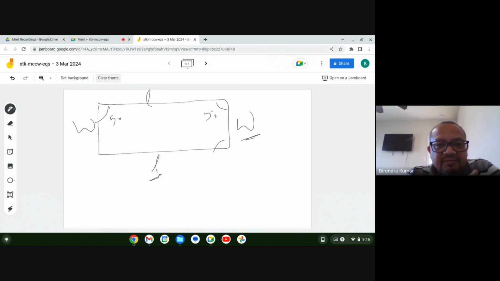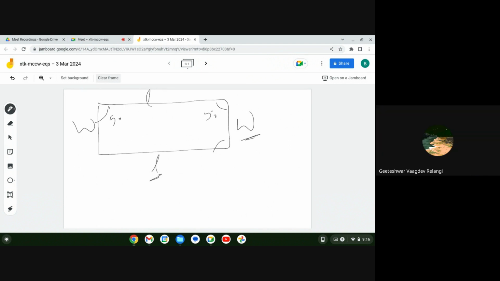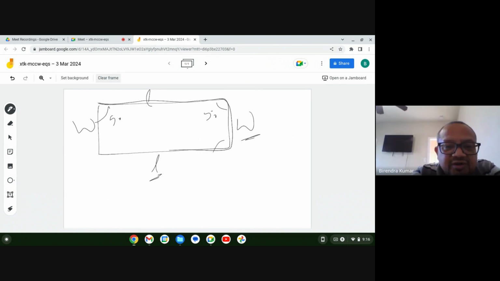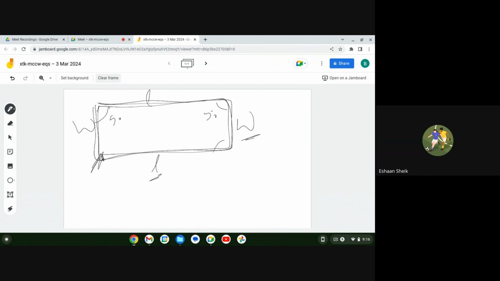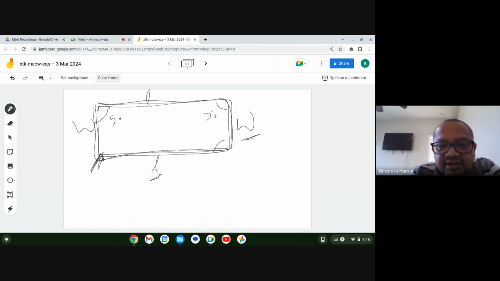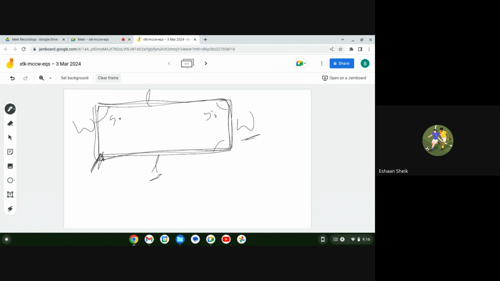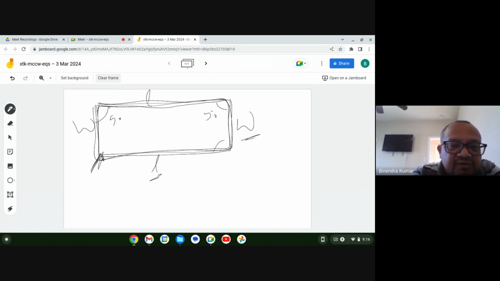Now, perimeter is what? Perimeter is the total length of the boundary. So in this total boundary from here to here, what all do you see? Let's say if you are starting from here, you see one length, you see width, then you see the other length, then you see another width.